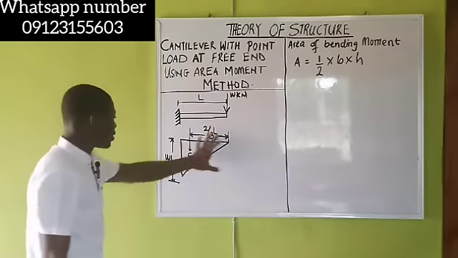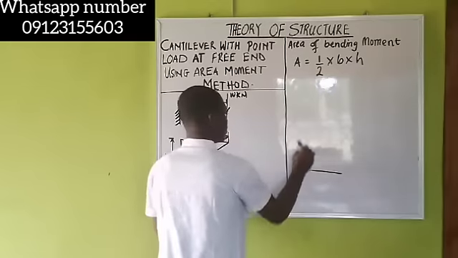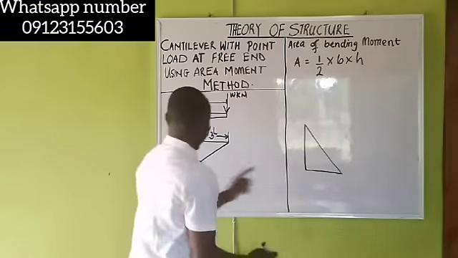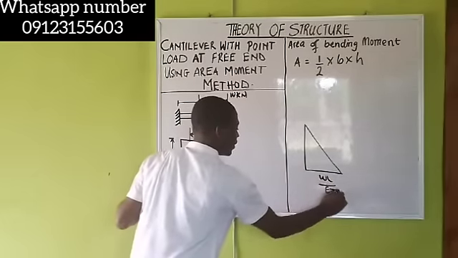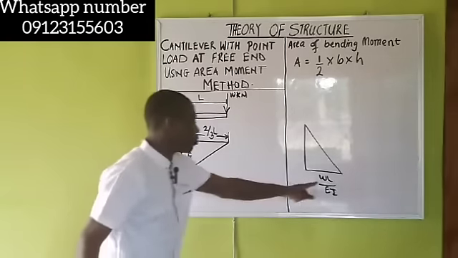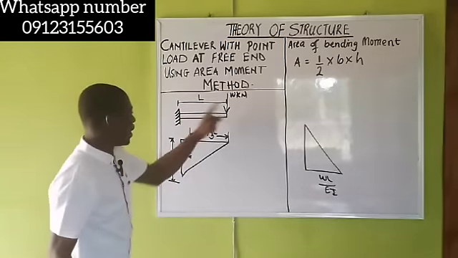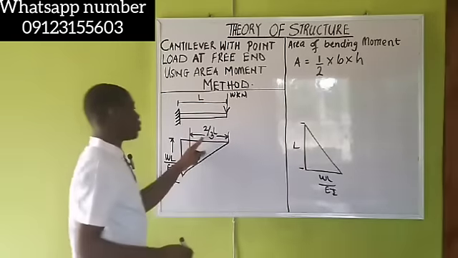If I draw this, it is a triangle, right? Let me draw it this way. You can see, I turn it this way. From here to here is WL over EI. Right? This is my base. What of my height? Is my height this or L? So from here to here is my L, not this value.